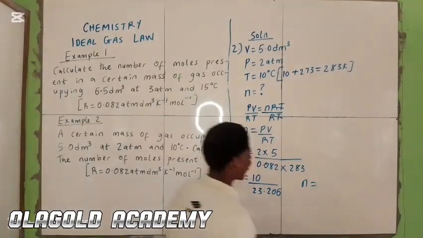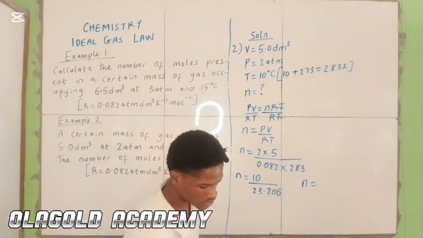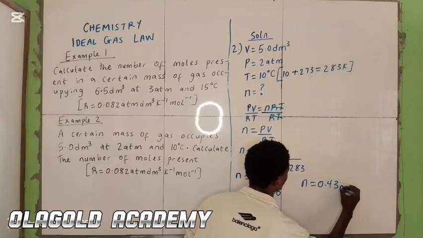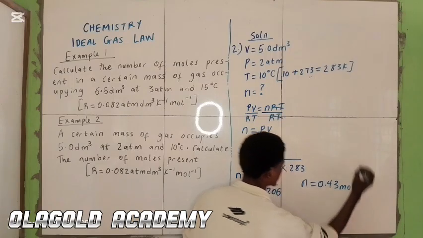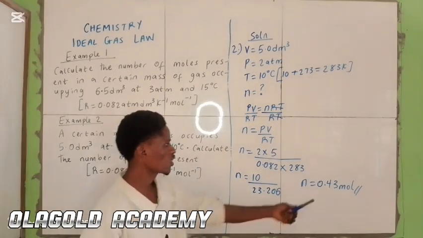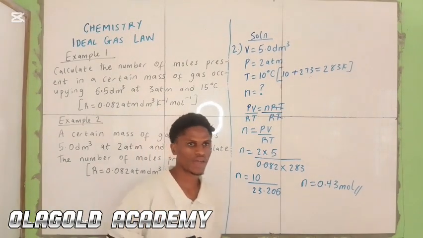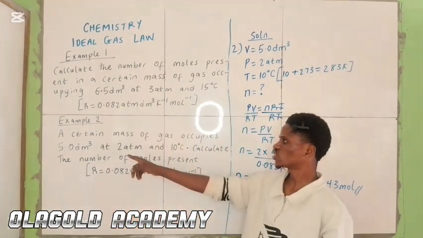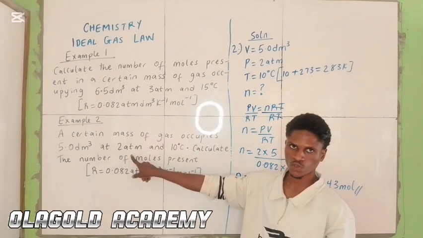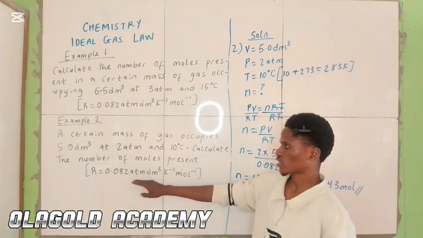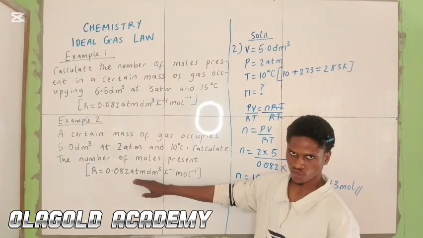Finally, our number of moles, when we divide, is 0.43 mole as our final answer. Remember, my pressure is given in atmosphere, so I used my molar gas constant in atmosphere.